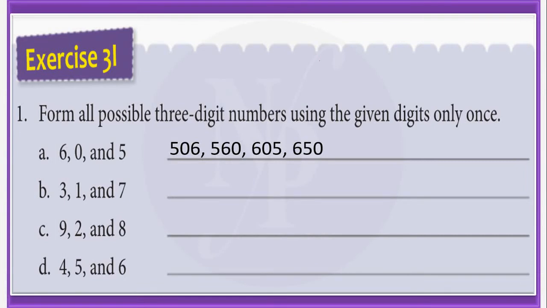Now look at B here. The given digits are 3, 1, 7. So using these digits, we have to form all possible numbers. Let us try to write the possible numbers using the digits 3, 1 and 7.